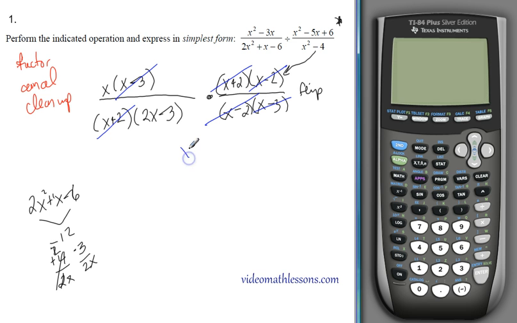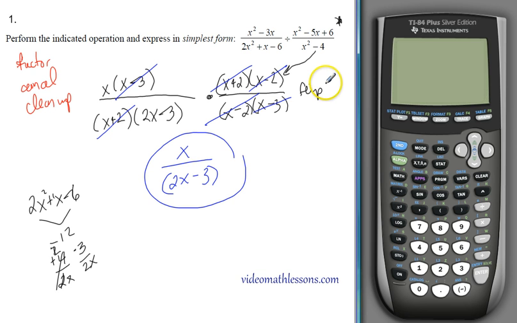So clean it up. Whatever's left upstairs, put together. So it's x times 1, really, so it's just x. Downstairs, 2x minus 3 times 1 is 2x minus 3. And now I took the parentheses off, and you might be tempted, but remember, this binomial will always have parentheses on it. Never cancel into. And that's my answer.